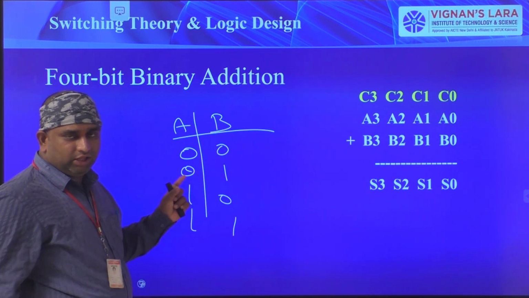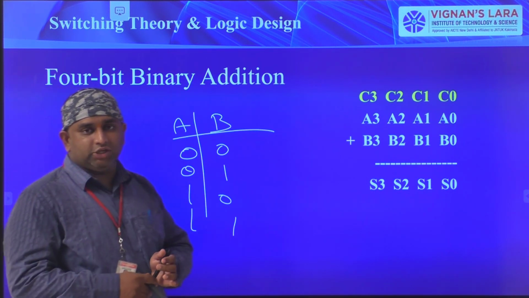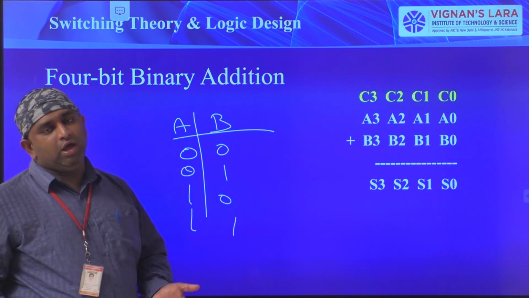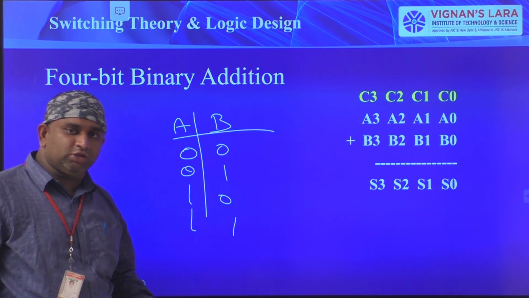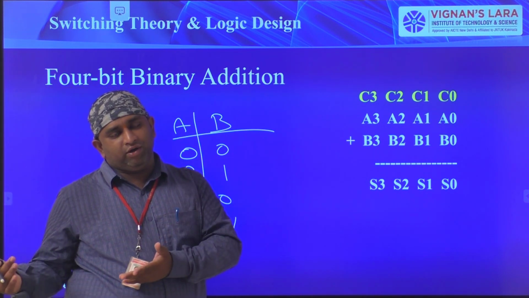Now, this is not the perfect addition. Why? Because when you are doing addition, you will do 24 plus 56, or 5,000 plus 6,000, or 77,000 plus 20 lakhs 5,000.